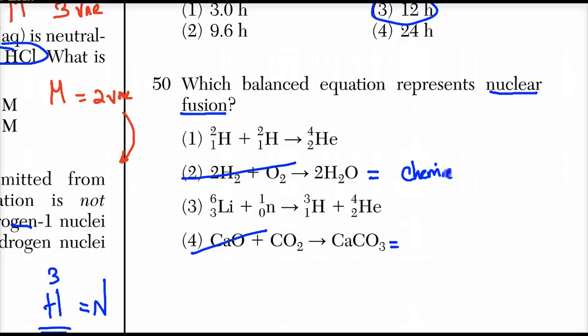Because they're dealing with the changes of electrons. These are what we've been dealing with all year long, chemical reactions. Choices 1 and 3 are nuclear equations where we're showing the changing of the nucleus by either emitting particles or colliding, in this case, with other particles.